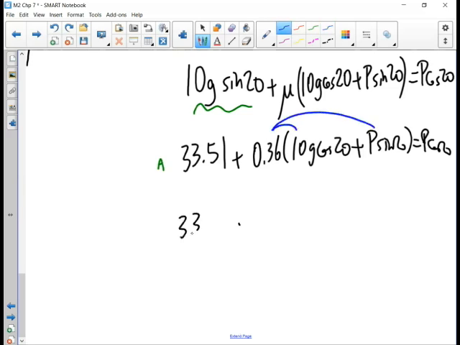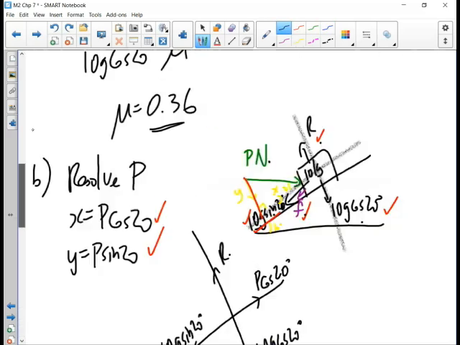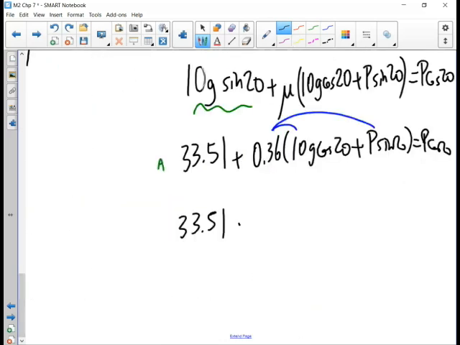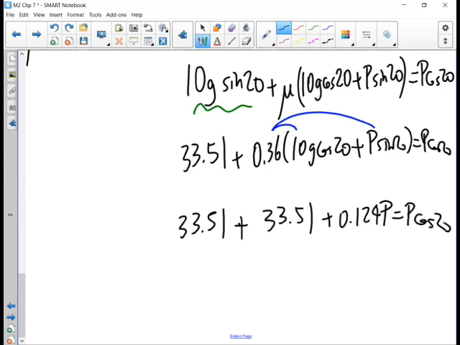So 33.51 remains the same. Plus, go remove the A. So you should be storing these. If the number is not exact, you should be storing in calculator. 0.36 times 10g cos 20 is also 33.51. 0.36 times sine 20 is 0.124, so it's 0.124P, which equals P cos 20.